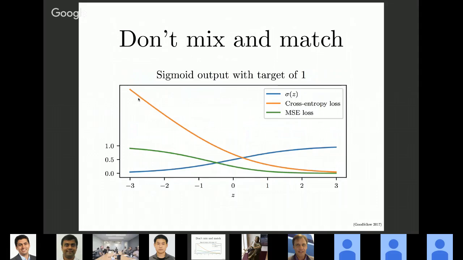Let's suppose we did mean squared error instead. So we actually compute the square of 1 minus the sigmoid value, trying to get the target output value of 1. Mean squared error actually is expressing the right preferences. It does have a value of 0 where you've got the right answer, and it increases monotonically from there. The problem is that it eventually stops increasing very much.